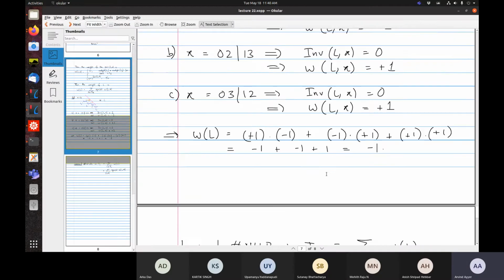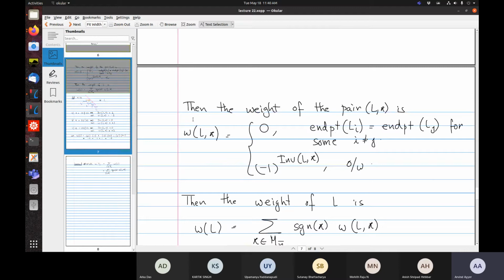Why? Because let's go back. So what is W of L pi? It's 0 if any endpoints match, but that's not the case because L is an NILP.